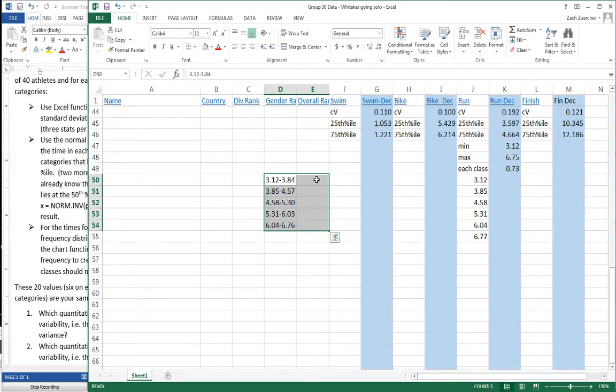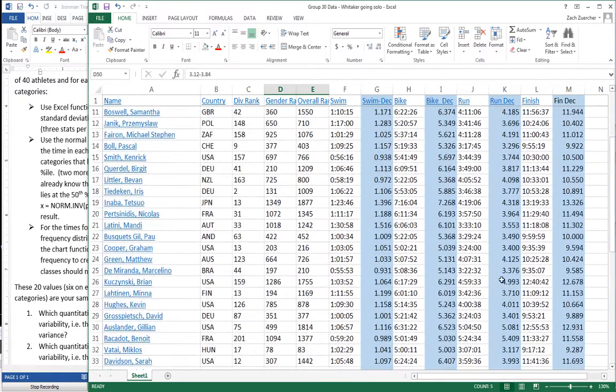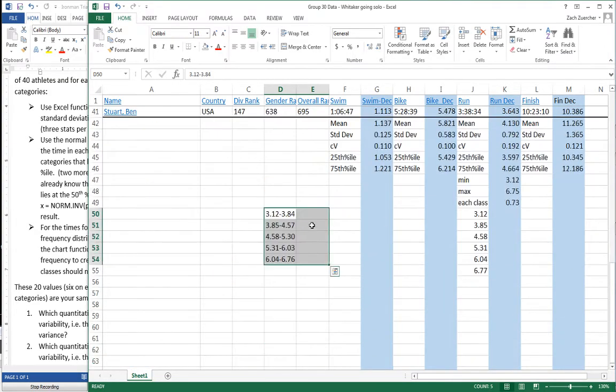You're going to figure out how many times fall in this range of 3.12 to 3.84. You're going to see how many times fall in this range. And then after you've tallied everything up by working your way through these 40 run times, then you'll have the numbers right here. And in the interest of time, you don't want to wait around for me to tell you how many are in each class. But I've done this before. I did a dry run, and now I'm doing it for this video.